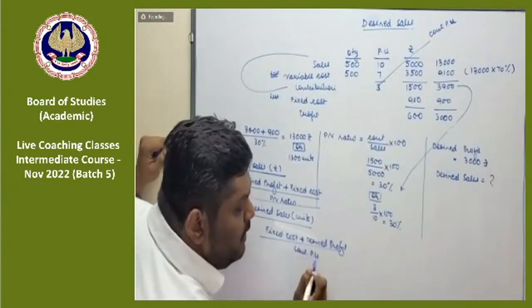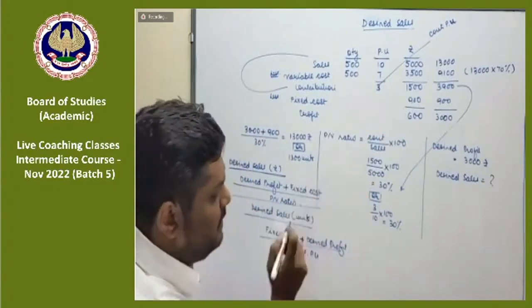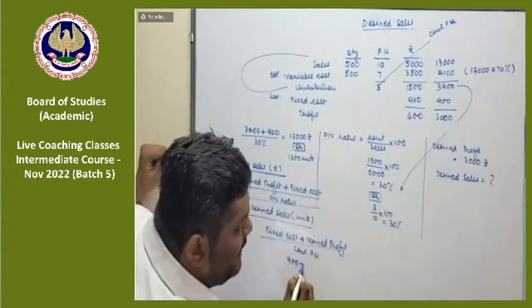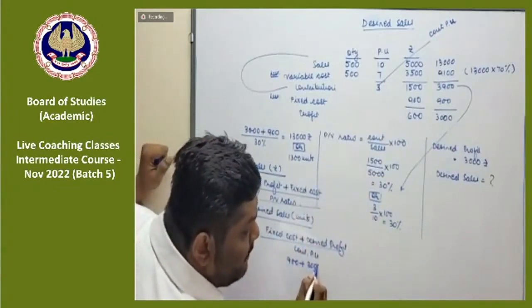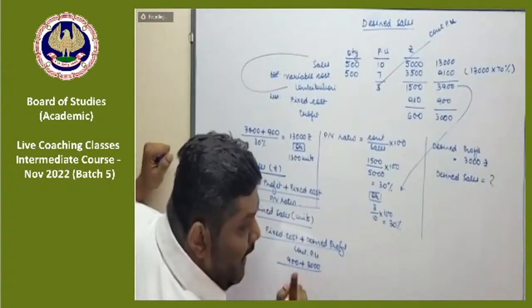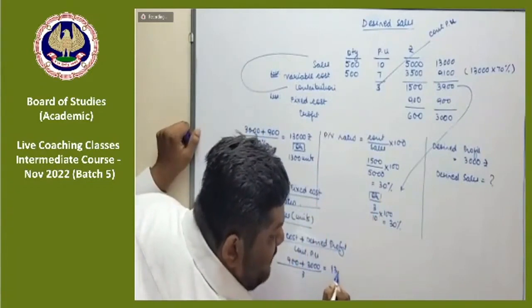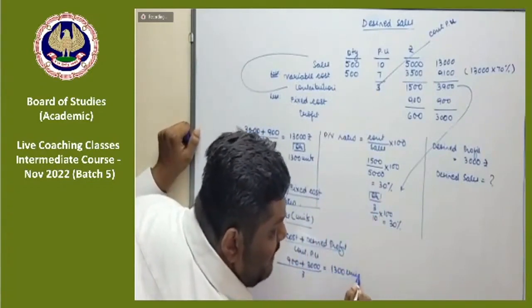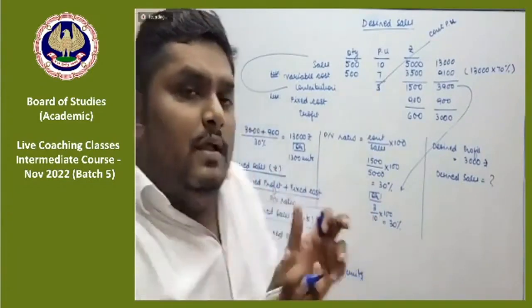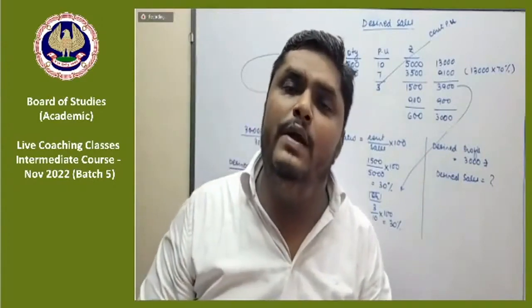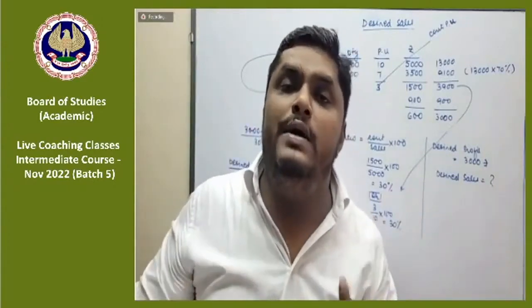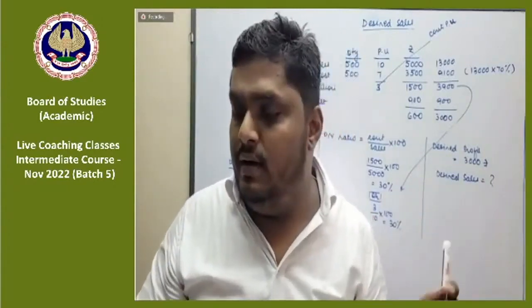Contribution per unit. This is how we will get the final answer. Per pen we are recovering 3 rupees, so if we manufacture and sell 1,300 pens, we will be able to get our total amount desired, that is 3,900.